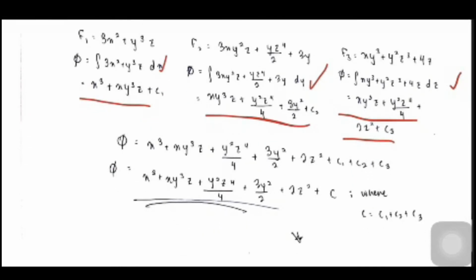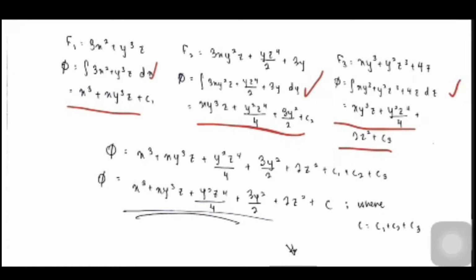To summarize the total potential function, we don't take the repeated terms. We just take them once. For example, here is x to the power of 3, xy, x to the power of 3 plus xy cubed z.